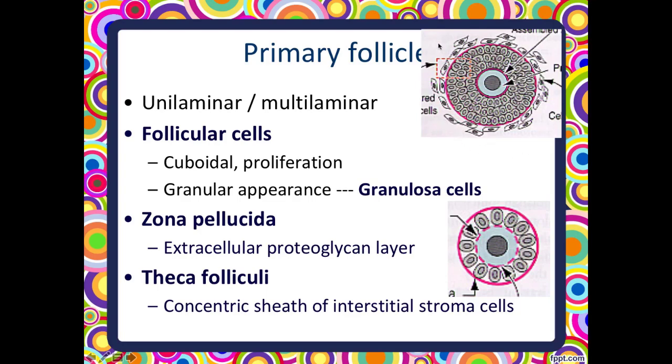of the cortex, which is surrounding the follicle, starts to differentiate into the special connective tissue, which is made by special fibroblasts, and this layer attached to the follicle is called the theca folliculi. The theca folliculi contains those special fibroblasts I mentioned already.